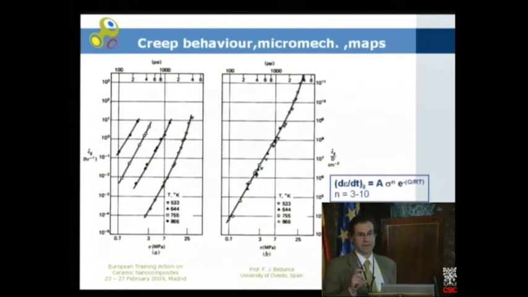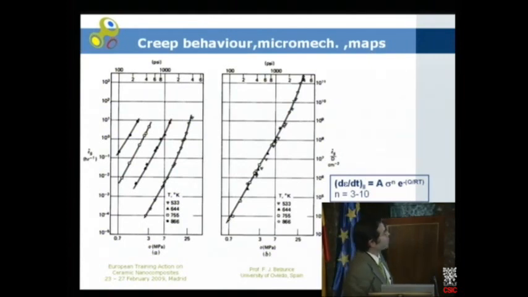So you can see that the influence of the stress on the strain rate is really very important, and can be expressed according to this general equation, in which the strain rate in this secondary region is proportional to the applied stress to the power n, and this coefficient n has a high value which can vary between 3 and 10 in general materials.